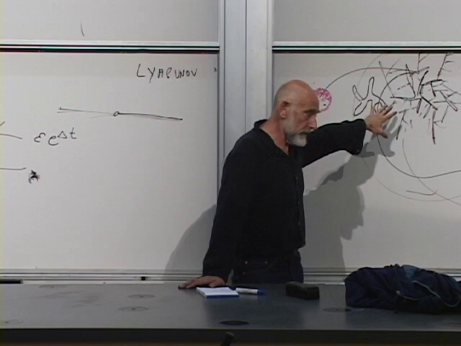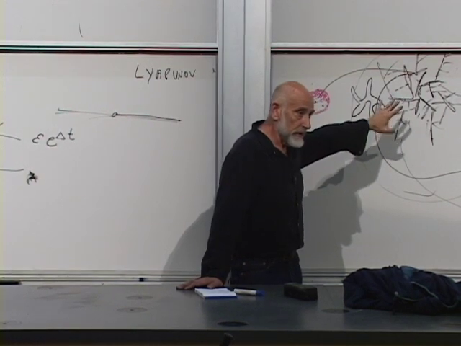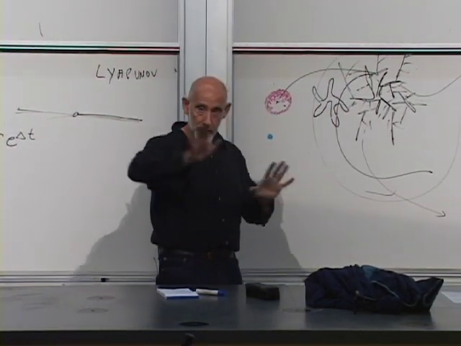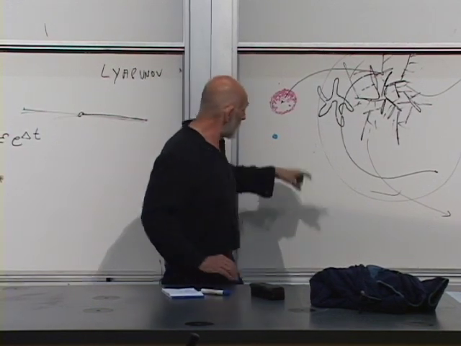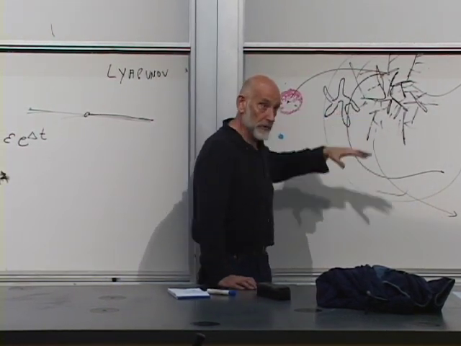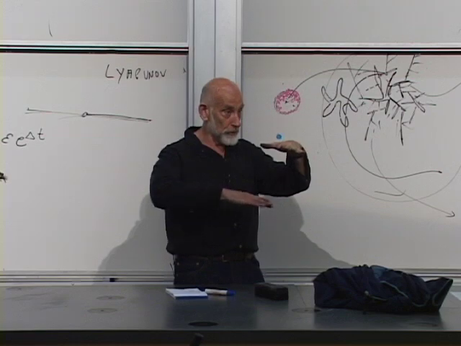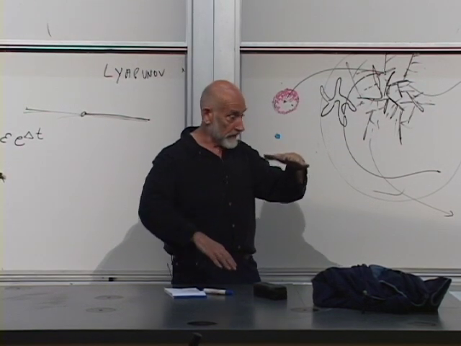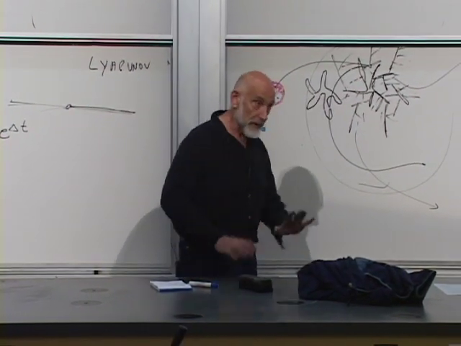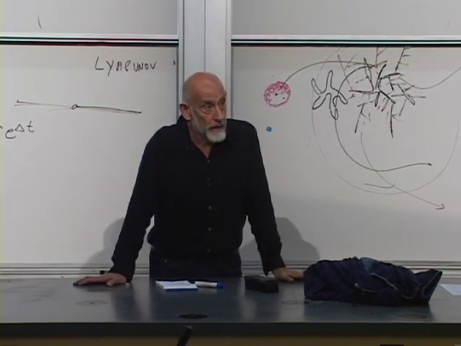That's not the implication of this. It just means that you spread out and lose memory of where you started. It doesn't say that the system's energy levels are populated with certain probabilities. Okay? That's a separate story. Right.